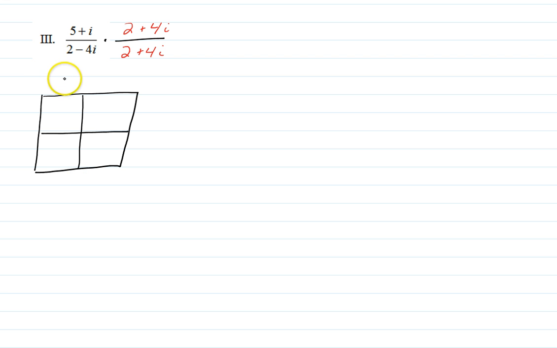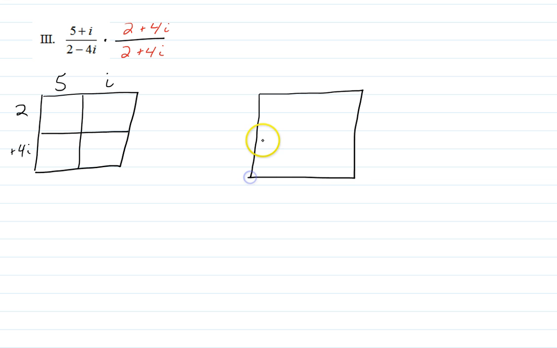Do the box method twice. So this is 5i, 2 plus 4i. And then for the bottom, 2 minus 4i, 2 plus 4i.